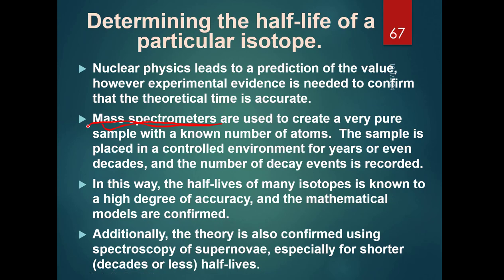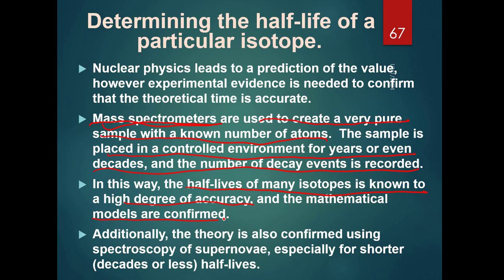In the prep room they create a very pure sample with a known number of atoms. The sample is placed in a controlled environment for years or even decades, and the number of decay events is recorded. That's how they calculate the half-life of isotopes. In this way, the half-life of many isotopes is known to a high degree of accuracy, and the mathematical models are confirmed.